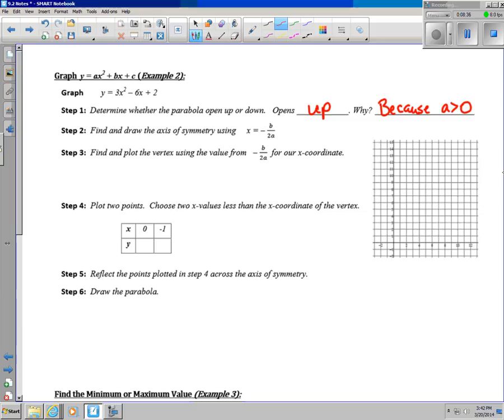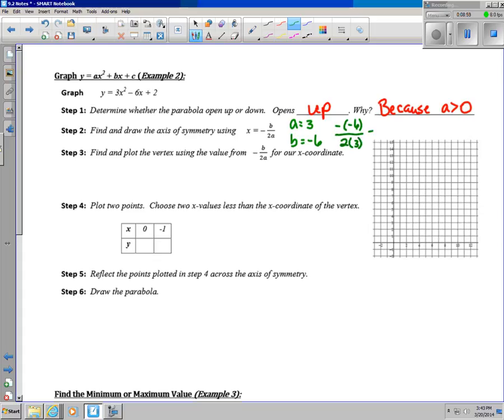So I'm going to first identify my a. My a is 3, and my b is -6. So I'm going to put all this in. So I have a negative times my -6 for my b, all over 2 times my a, which is 3.